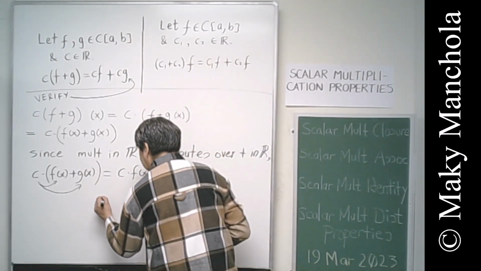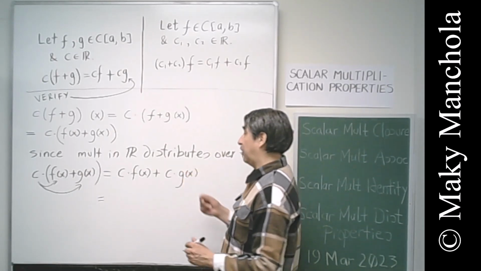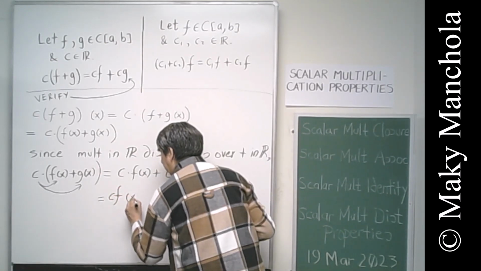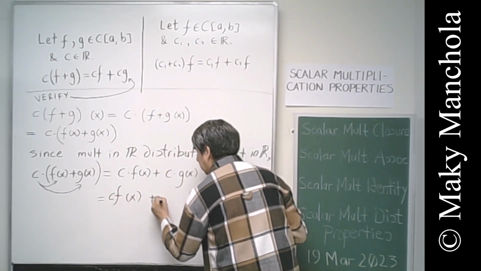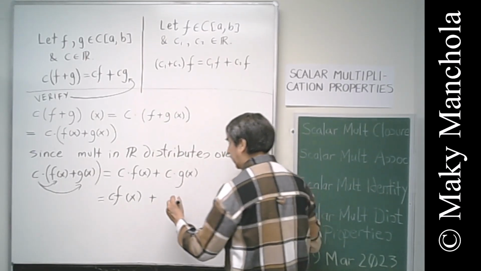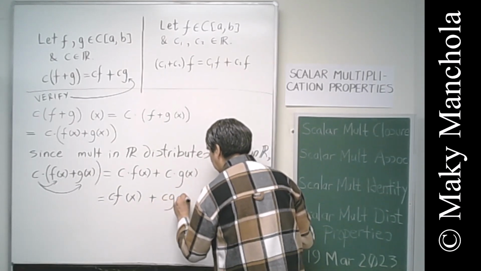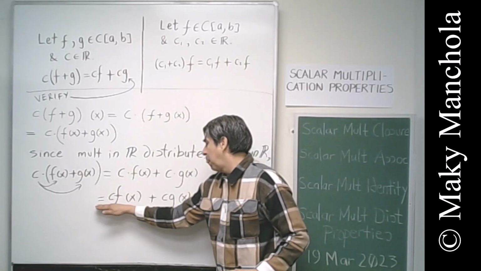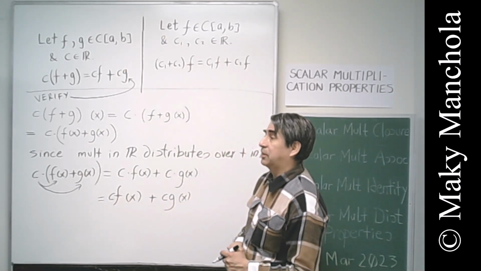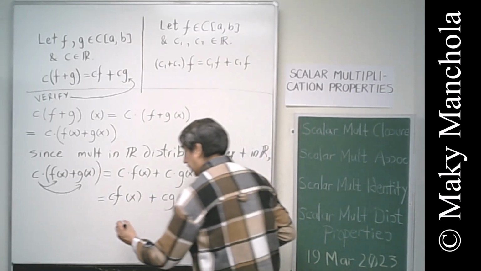So what is c times f of x? It means the function cf evaluated at x. So the function cf evaluated at x plus, similarly, c times g of x is the function cg evaluated at x. So here I have a function evaluated at x plus another function evaluated at x. By definition, that is the sum of the functions evaluated at x.